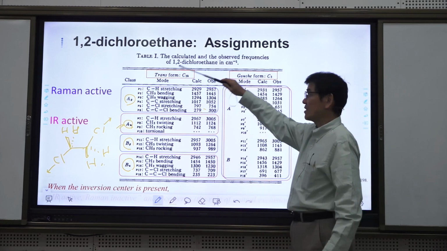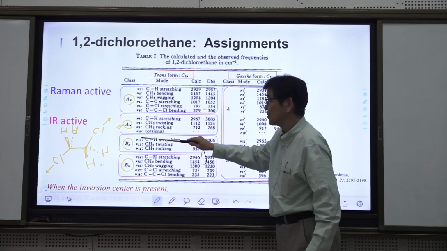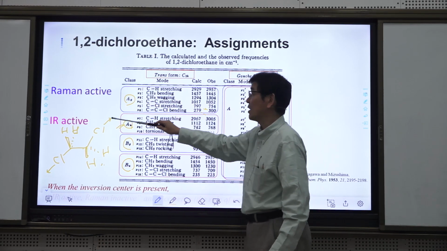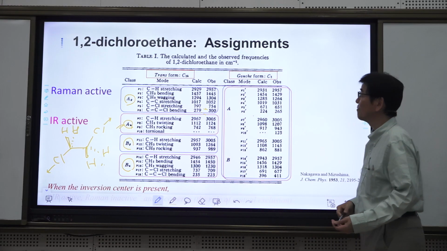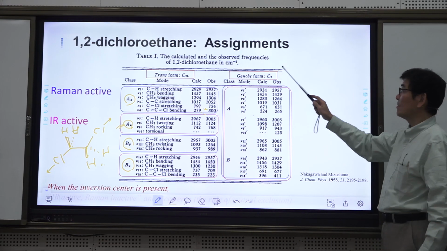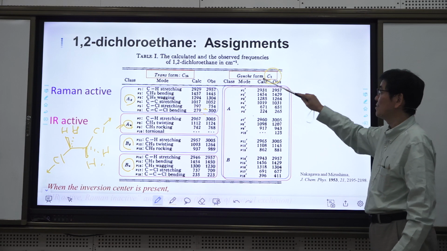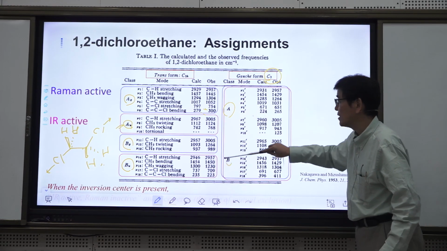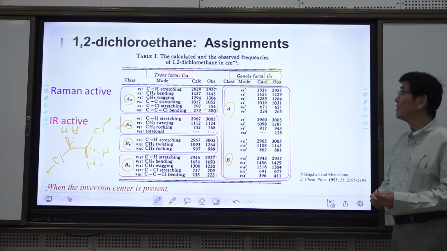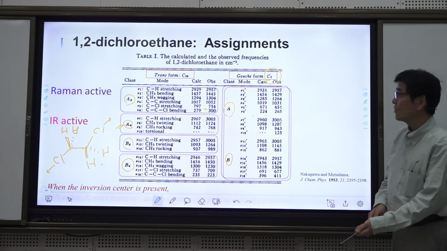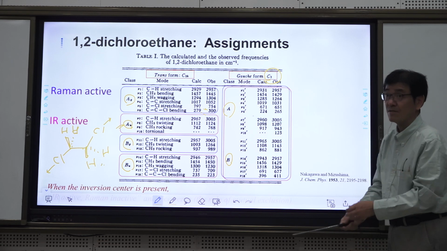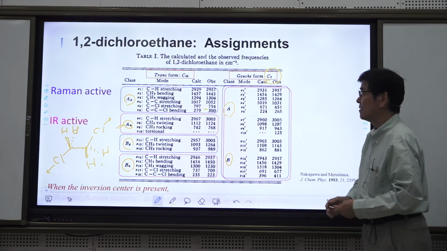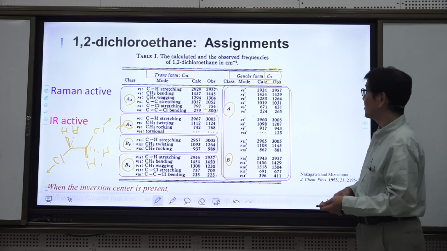So we can classify the vibration mode into four groups, and each group is already known to be Raman active or IR active. In the case of C2 group, classification is only about A and B. I didn't prepare a detailed explanation about the symmetry operation, but please look for another chance.